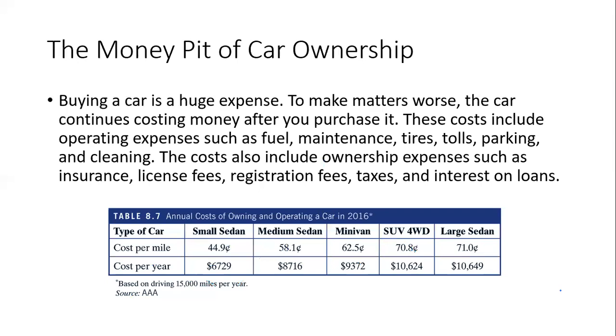You can see that for a small sedan, which is the cheapest for gasoline, it still ends up being roughly $6,700 a year. That's based on driving 15,000 miles. Maybe you don't drive that much. Maybe you drive more.